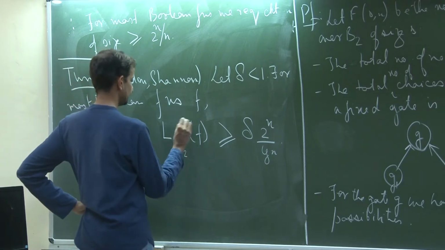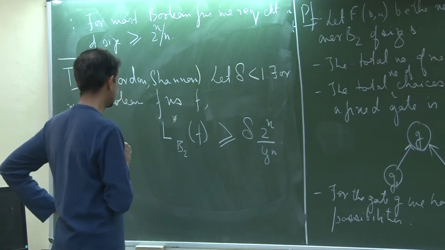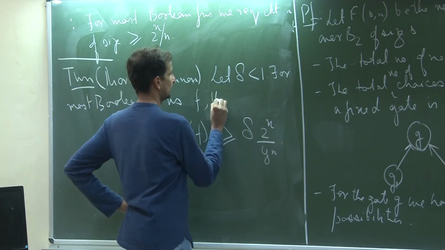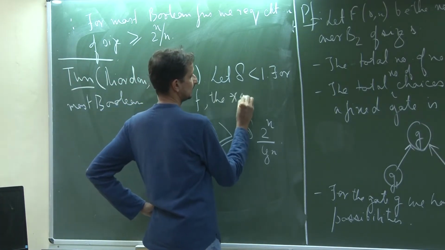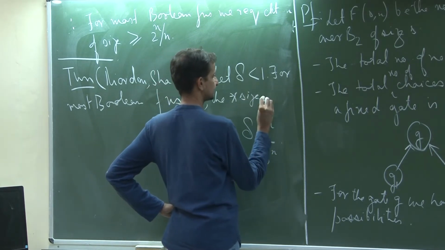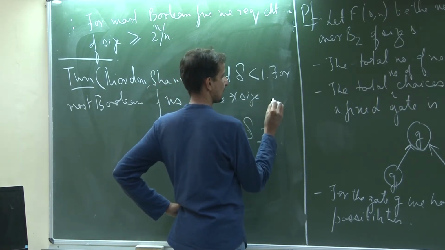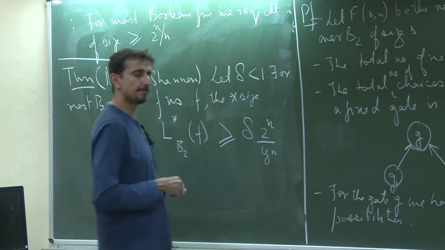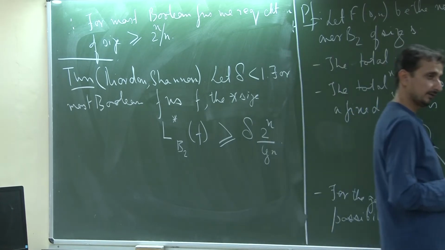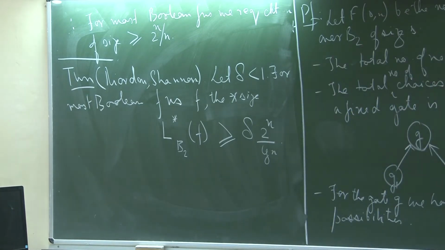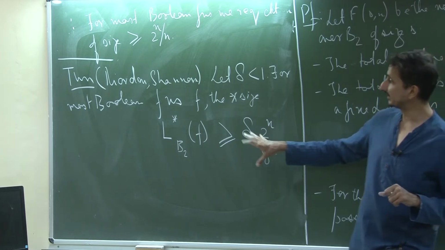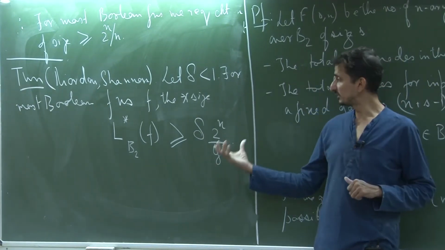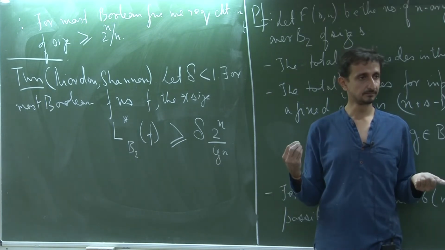So, I will refer to this as L star. For most Boolean functions f, the star size L star B2 of f is at least this quantity. Okay. So, let us just try to understand the difference between this theorem and the previous theorem. In the previous theorem, which of these two quantities is larger?